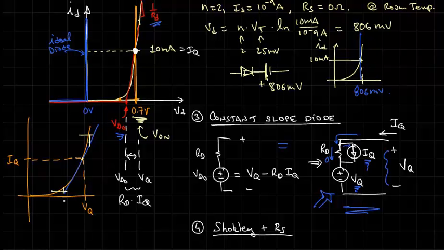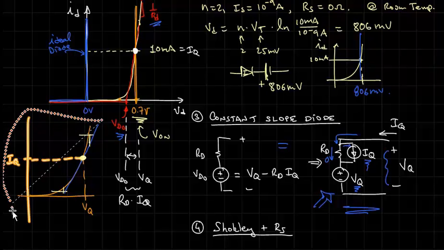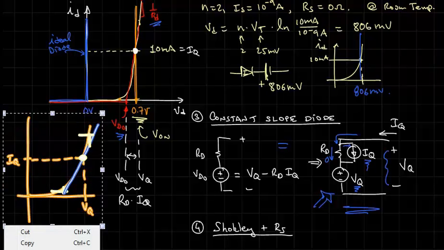The idea was that you would be trying to fit this model over some range of currents. For the small signal model, we're going to ignore that. We're going to operate in very close proximity to this operating point, so we actually want to pick our model to intersect at the operating point.